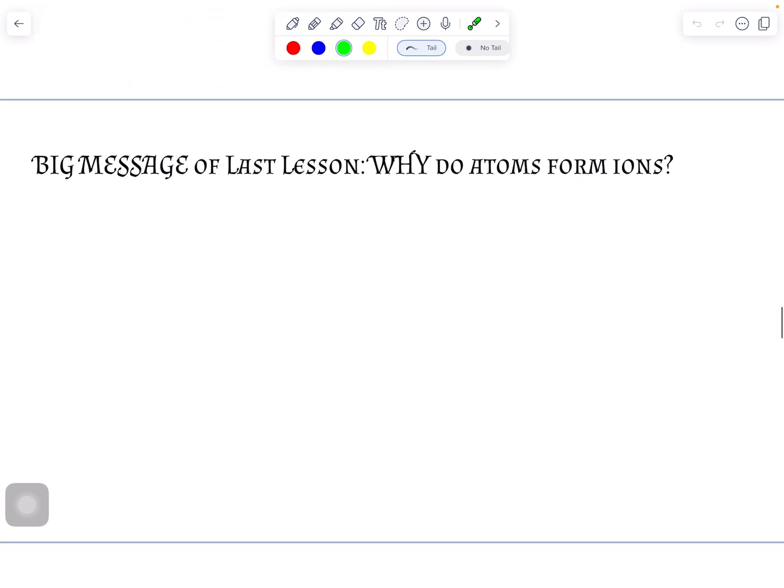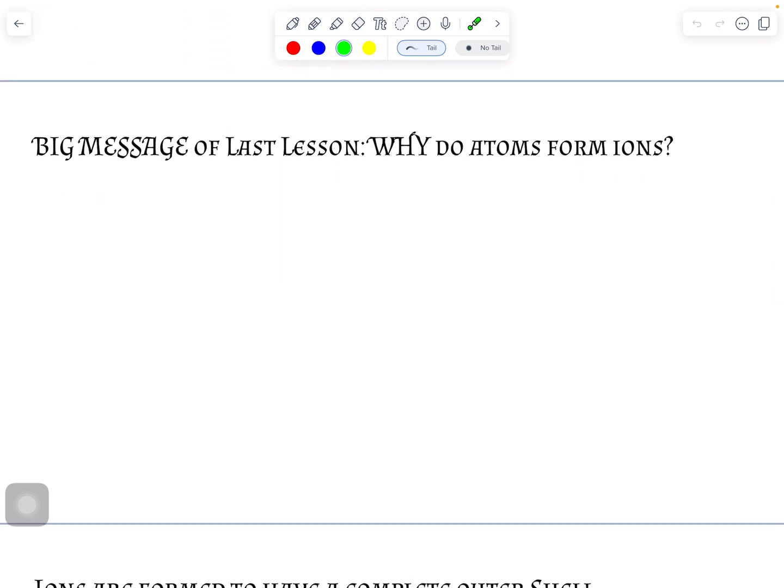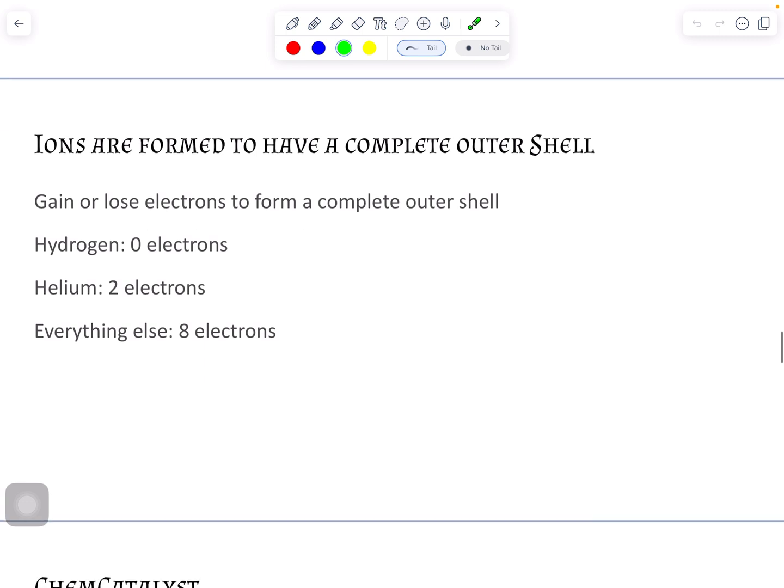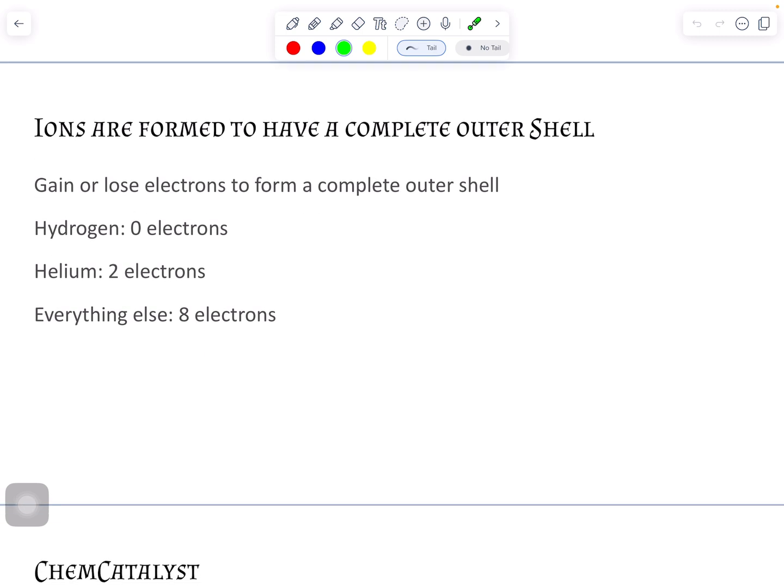And so the big message of the last lesson, to see if you learned it or remember it, why do atoms form ions? So why does this process happen at all? And the answer is that ions are formed to have a complete outer shell. And so they are going to gain or lose electrons to form a complete outer shell.